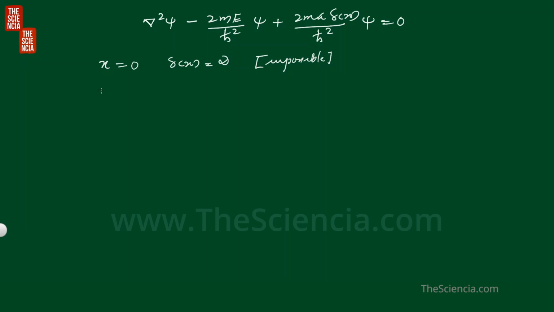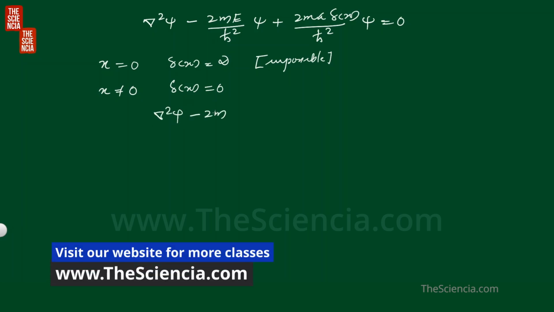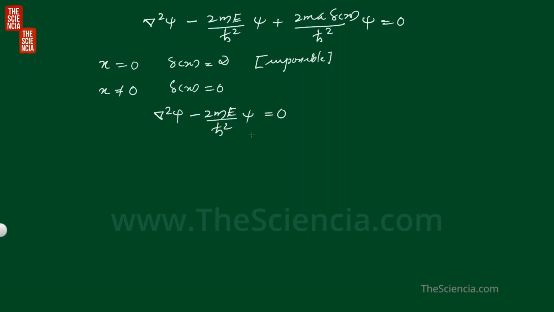Then what do we do? We take the next condition, that is when x is not equal to 0, we know delta of x is equal to 0. So that is a finite condition and we can substitute this condition in this equation. So we will get del square psi minus 2m E by h cross square into psi is equal to 0, where we can call this entire term some k square.